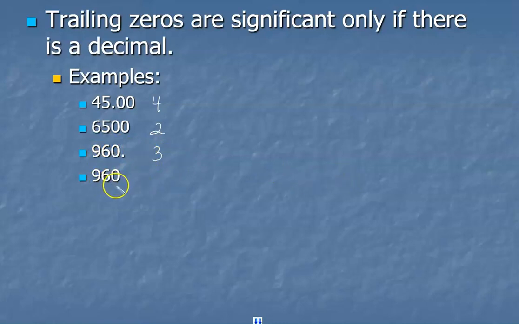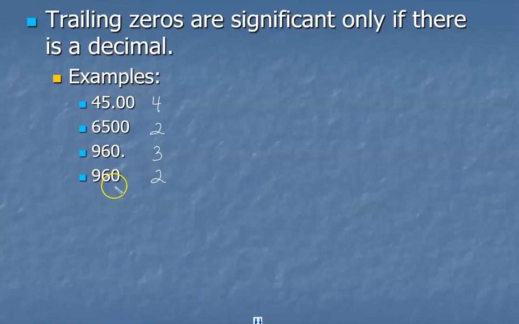This one, 960 with no decimal, would be 2 significant. And some of you are thinking, isn't that the same number? 960 with a decimal, 960 with no decimal. It technically is. The difference is this is an exact measurement. If I put that decimal there, that was exactly 960, maybe centimeters, meters, whatever we were measuring.